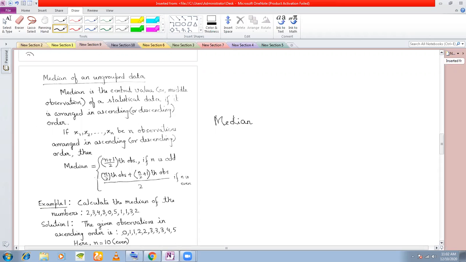So median is equal to the n plus 1 by 2th observation. Remember, median is not n plus 1 by 2, but the n plus 1 by 2th observation, if n is odd.